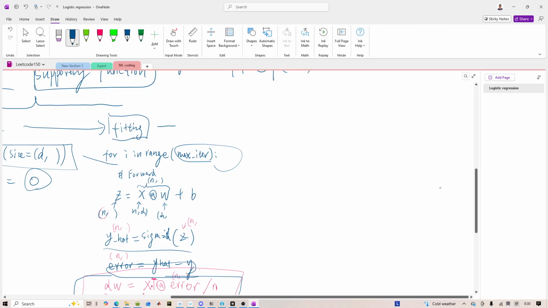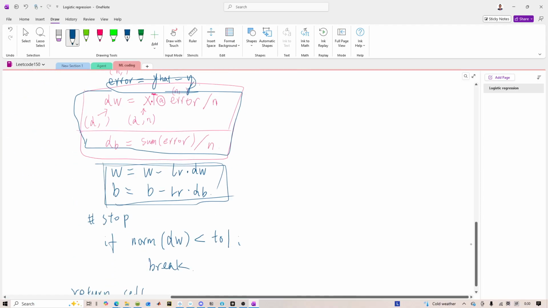That's where we fit the algorithm to learn the weights and bias using gradient descent.